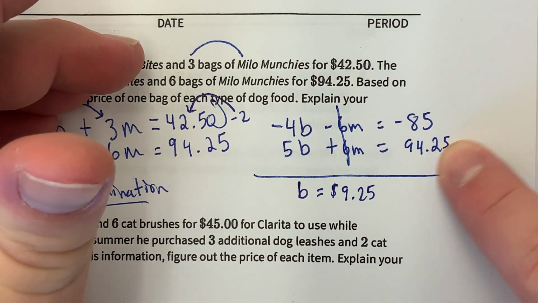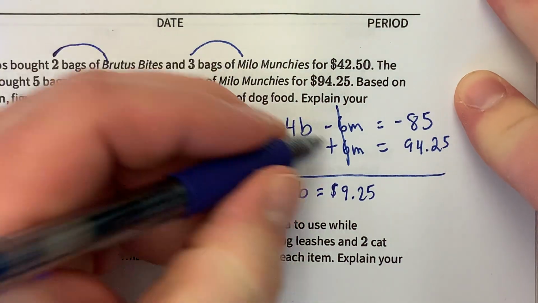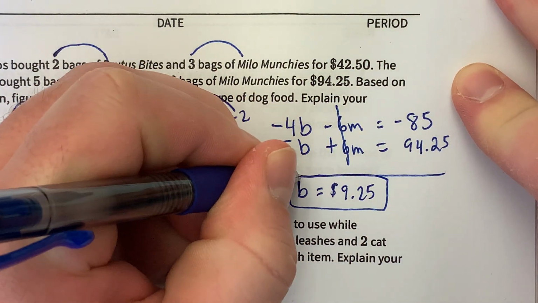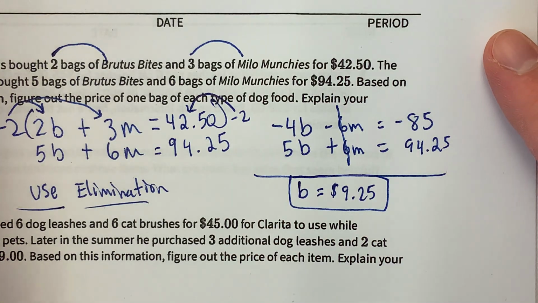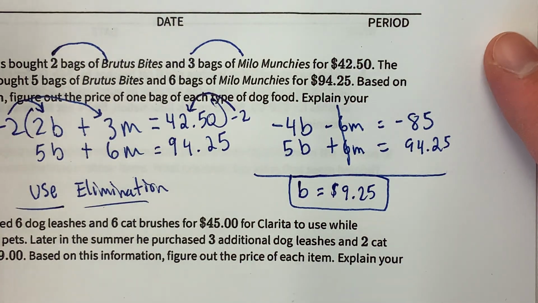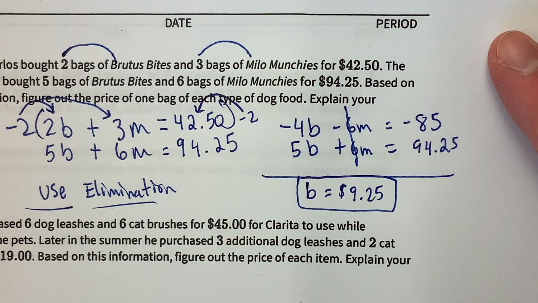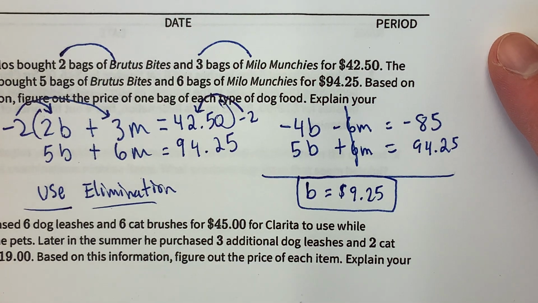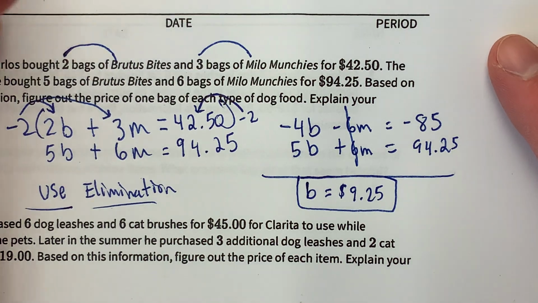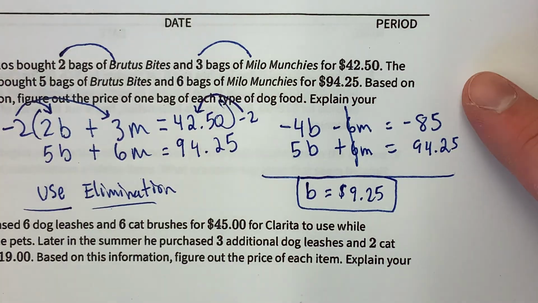Someone check that. 94.25 minus 85. I think it's 9.25. Okay, so 1 bag of Brutus Bites is $9.25. So what is 1 bag of Milo?